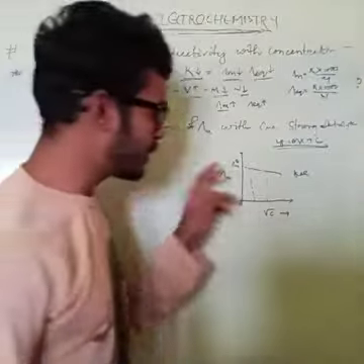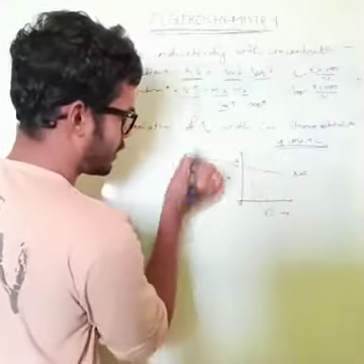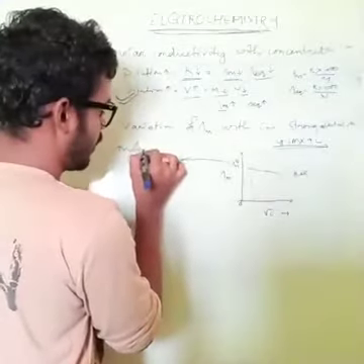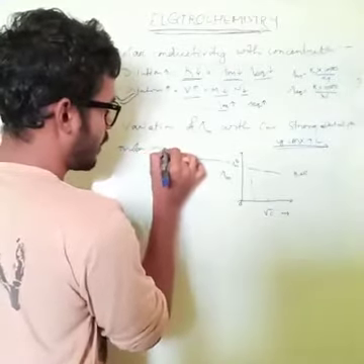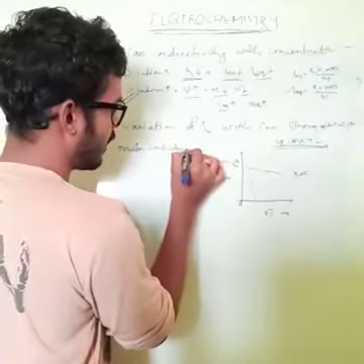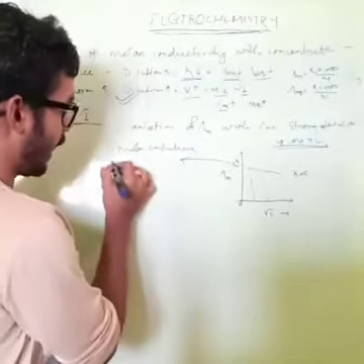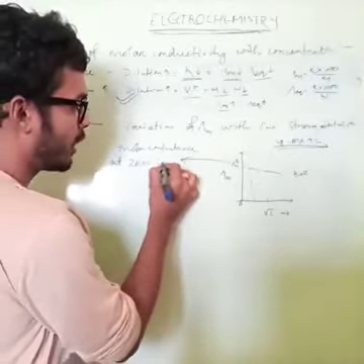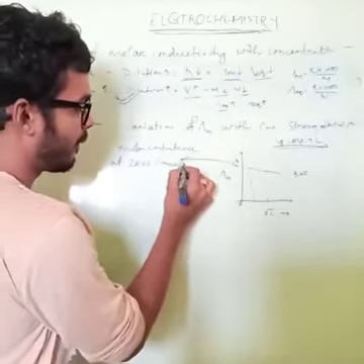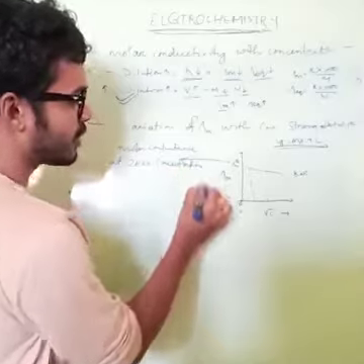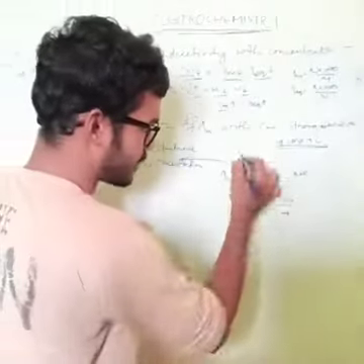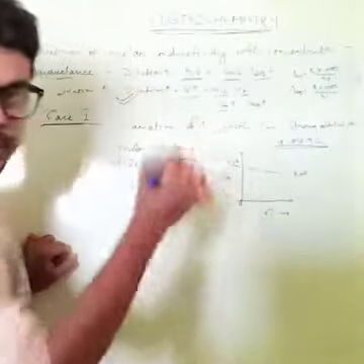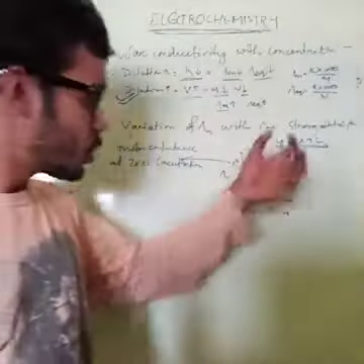Okay, that means at this point the molar conductance is high at 0 concentration. Here you can see on this axis, once it achieves this, this is 0 concentration. Concentration level 0 means you are diluting.